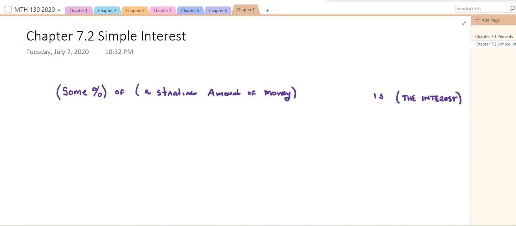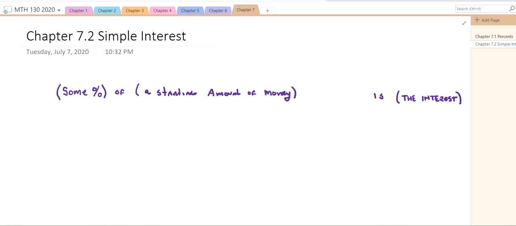Okay, so chapter 7.2, we're going to talk about simple interest, and we're going to add a little more to this, so it's going to get a little more complicated. But essentially, we'll start out with the same idea as before. We're going to ask the same question that we've been asking before.